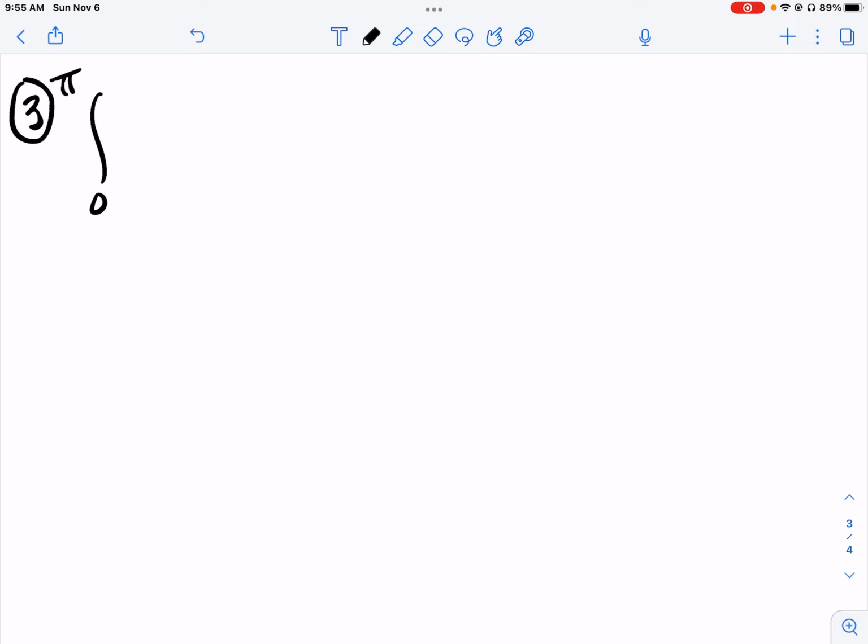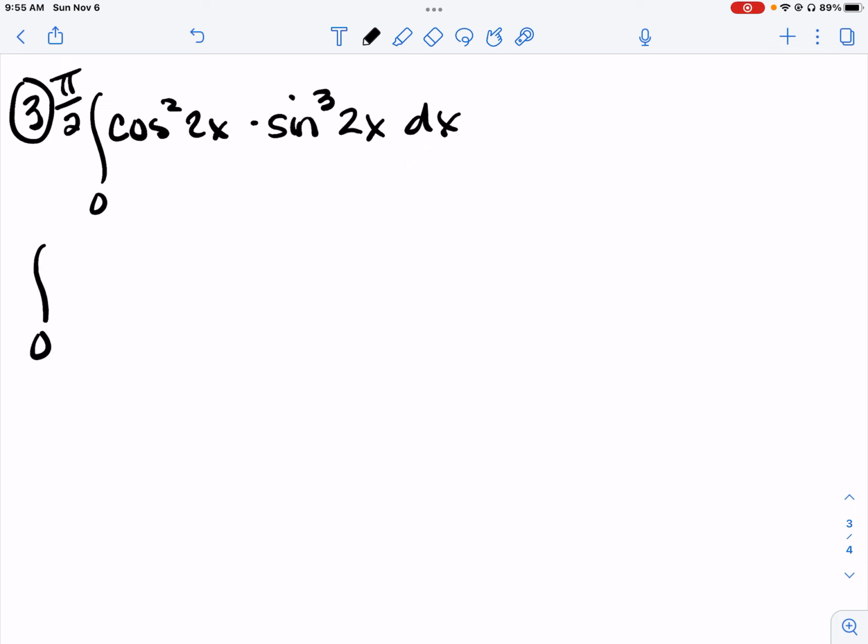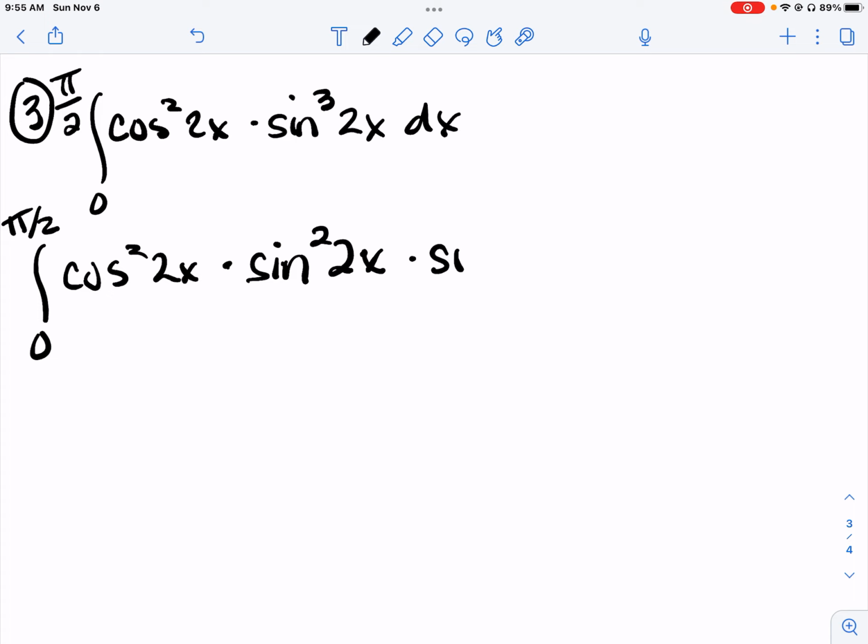Okay, number 3, we have our powers. Okay, since we have one even and one odd, we're going to split the sine up since it's odd. So, sine cubed is going to become sine squared times another sine.